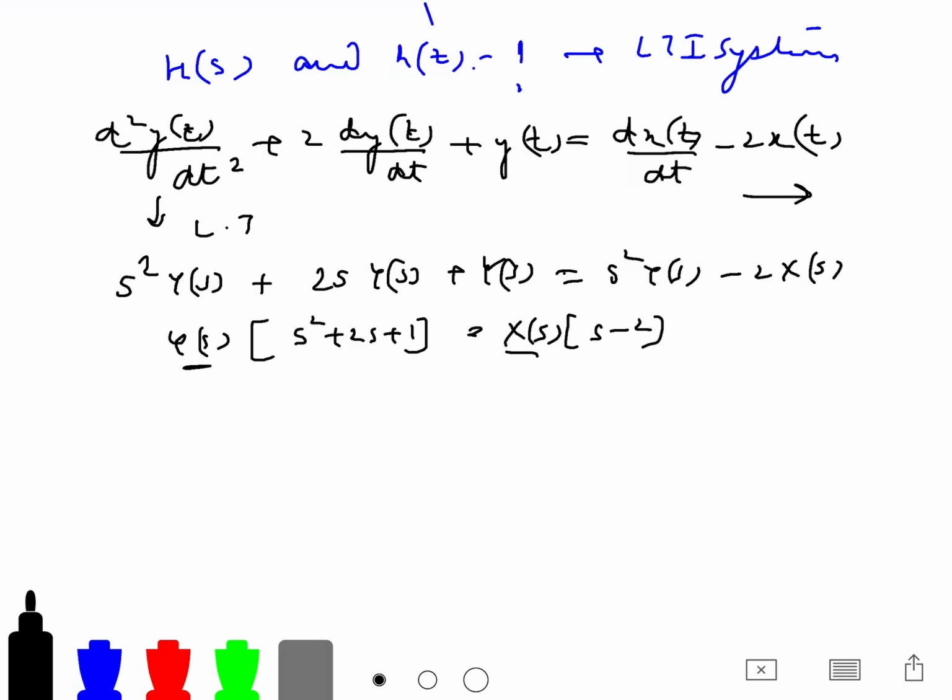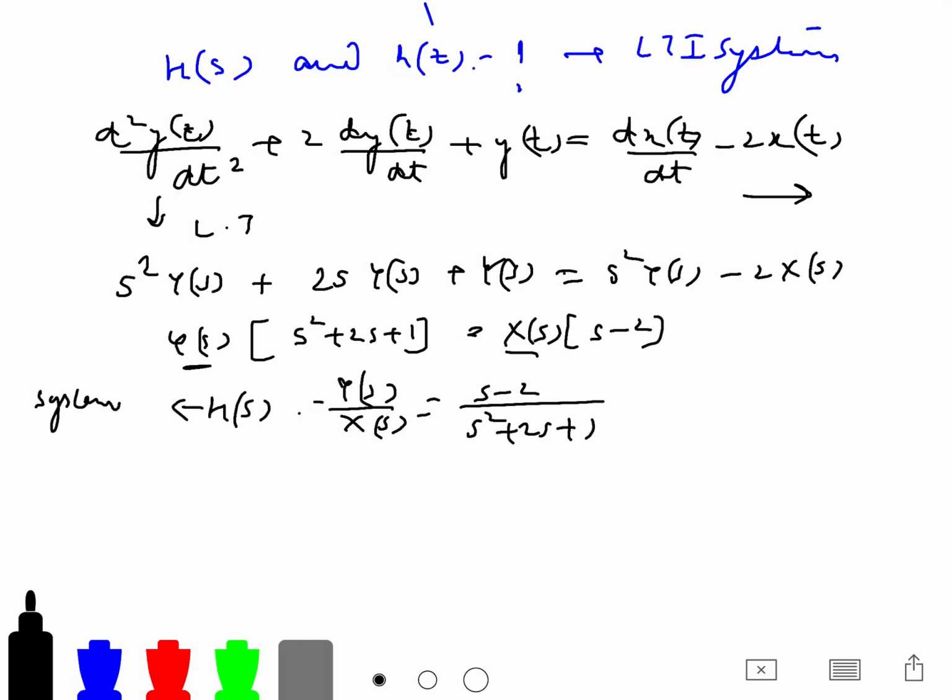It will be s^2 plus 2s plus 1 is equal to, take X(s) common, s minus 2. Now take the ratio of Y(s) and X(s). It will be Y(s) upon X(s) is equal to s minus 2 upon s^2 plus 2s plus 1, and this can be written as H(s), and it is also called the system function.